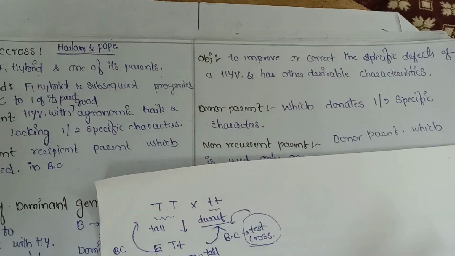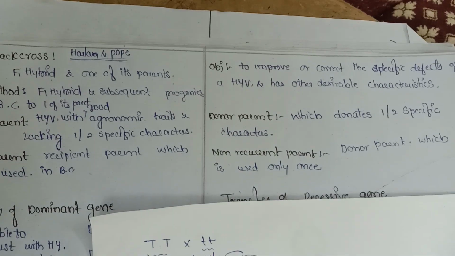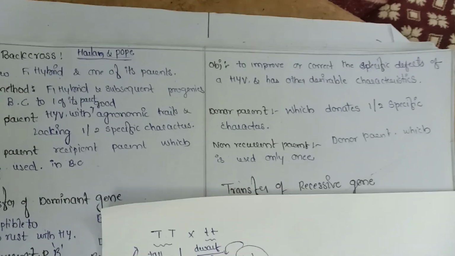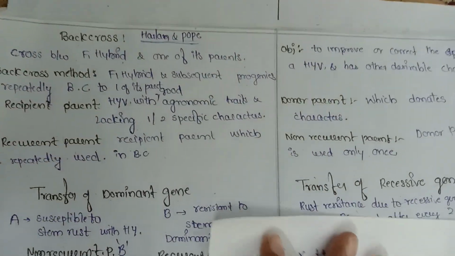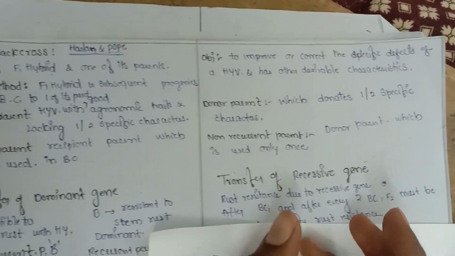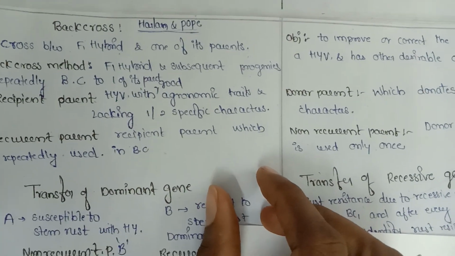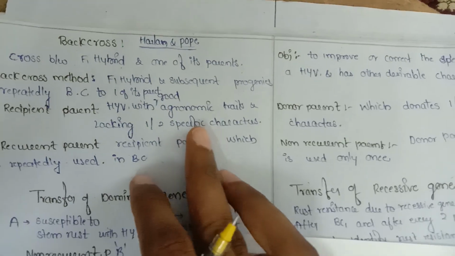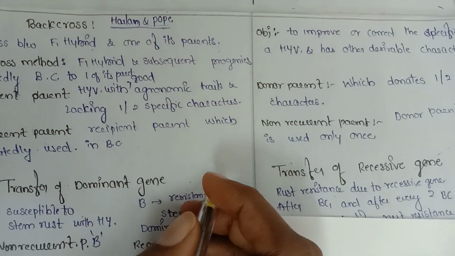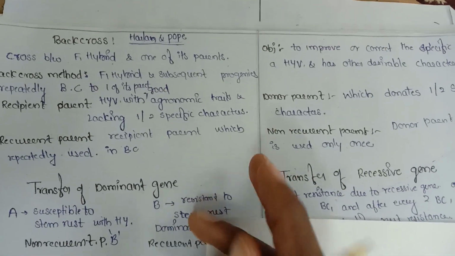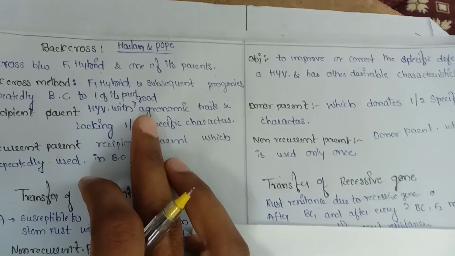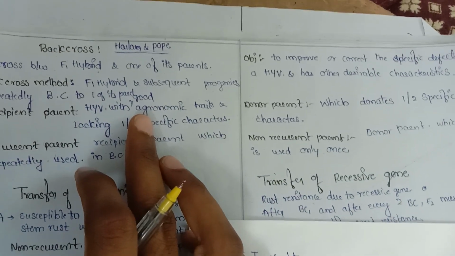Now let us know about the requirements for the backcross method. It requires a good donor parent with one or two specific characters, and a recipient parent which is high yielding and good in all other agronomic traits except for one or two specific characters. The gene which is going to be donated must be highly heritable and have high expressivity.